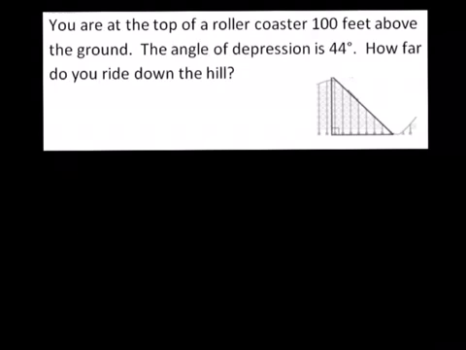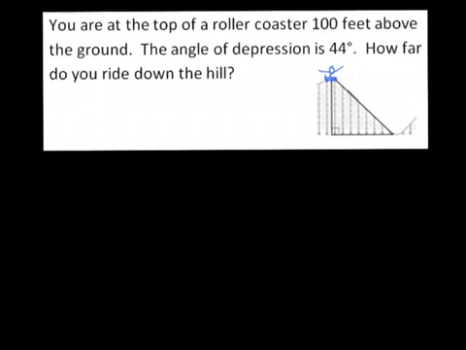For our first example, it says you are at the top of a roller coaster 100 feet above the ground. The angle of depression is 44 degrees. How far do you ride down the hill? Well, first, let's put a little picture of ourselves up here in the roller coaster car because that's fun. So there you are at the top of the roller coaster, arms up.